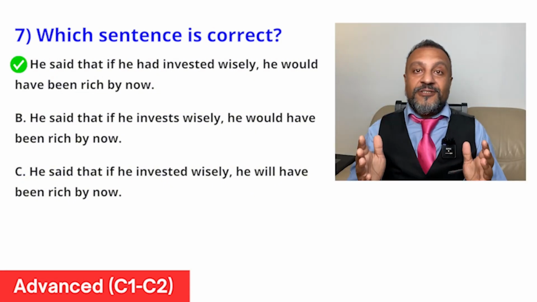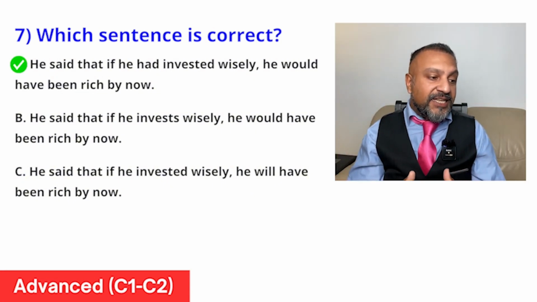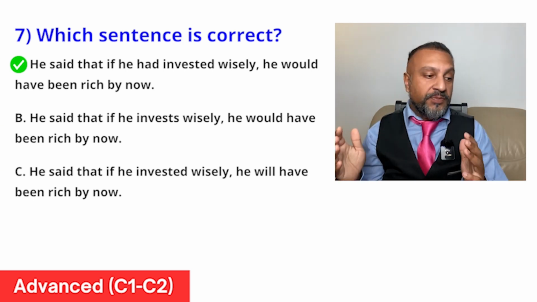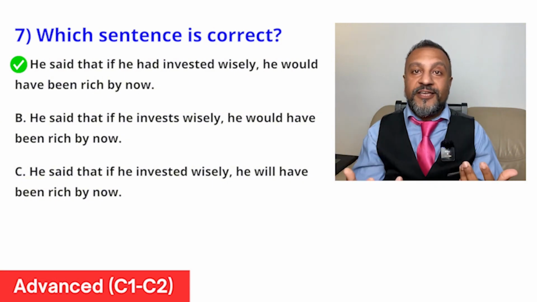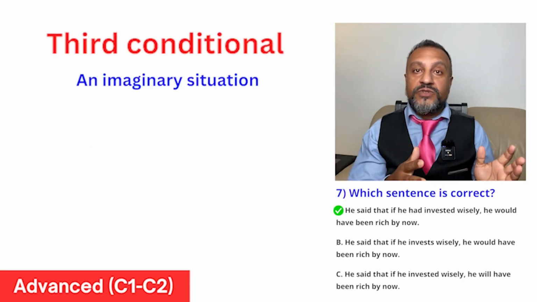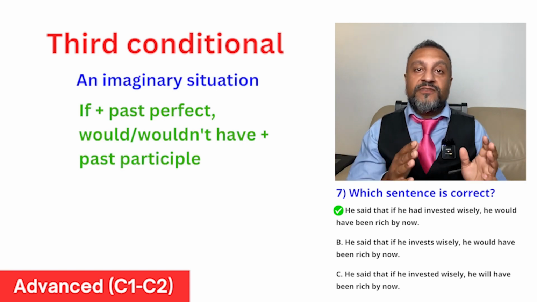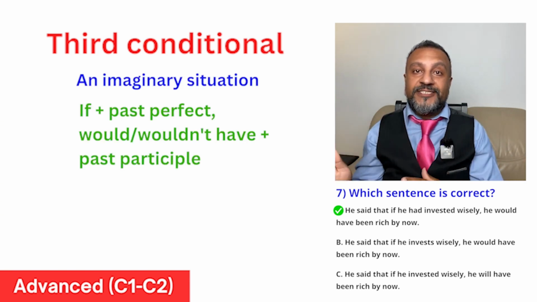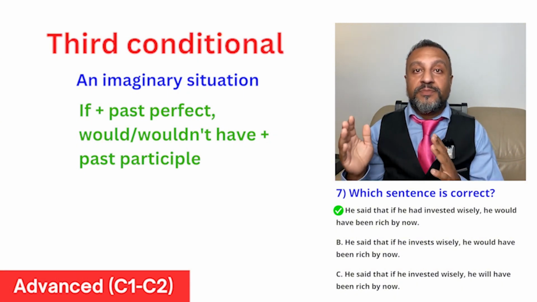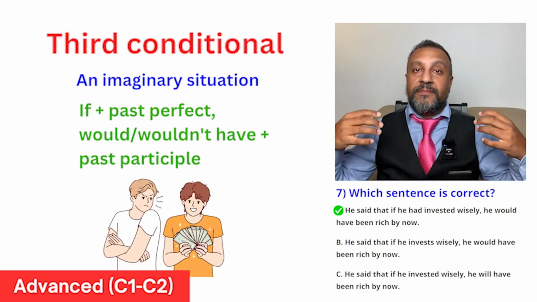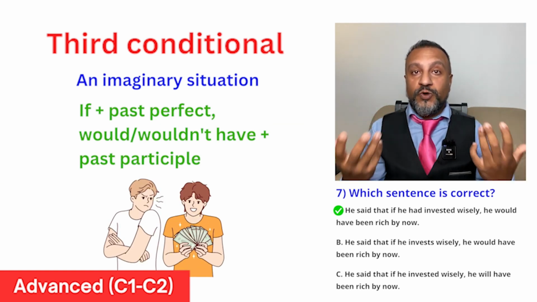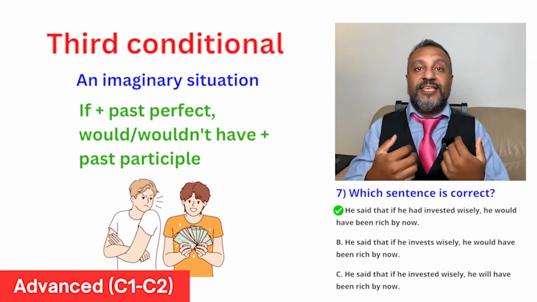The correct answer is, he said that if he had invested wisely, he would have been rich by now. But why? This is the third conditional. We have an if clause, the past perfect, if he had invested wisely. We have the main clause would have plus the past participle. This shows an imaginary situation. If he had invested in the past, he would have been rich by now, but he isn't.